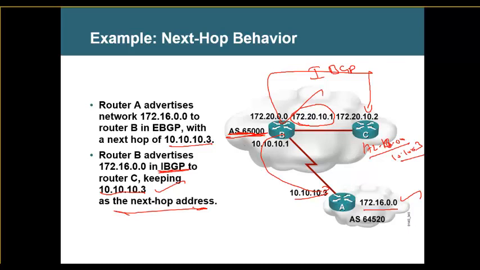Aaron, yes, please. So this is the default behavior of BGP, right? This is the default behavior, eBGP to IBGP. It doesn't matter if we are neighboring with loopback? No, listen.